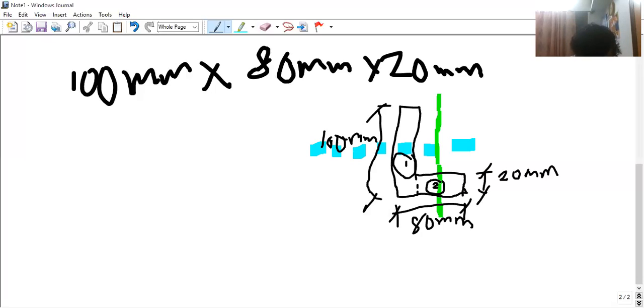So without further discussion, we'll get into the axes of reference. Whatever section we are taking, we have to take the reference for it. Say for example, this is the vertical face.